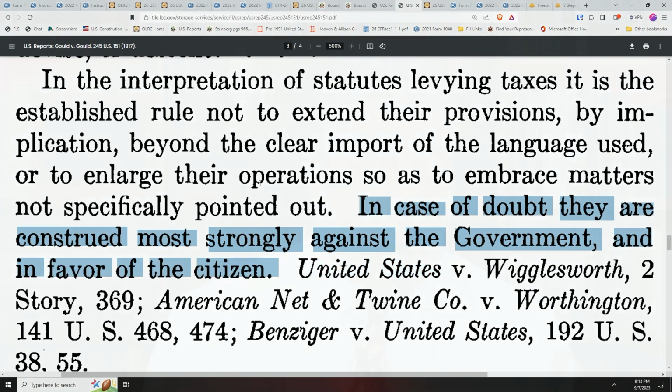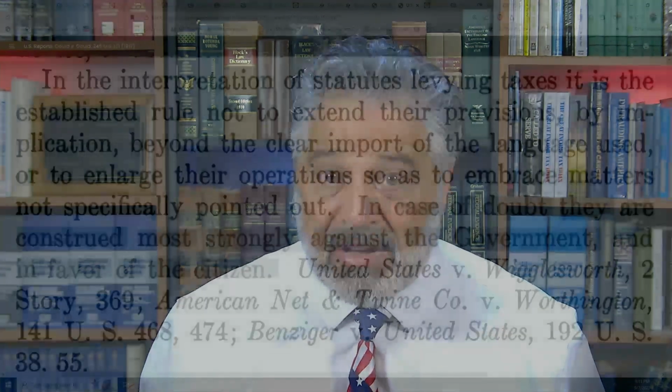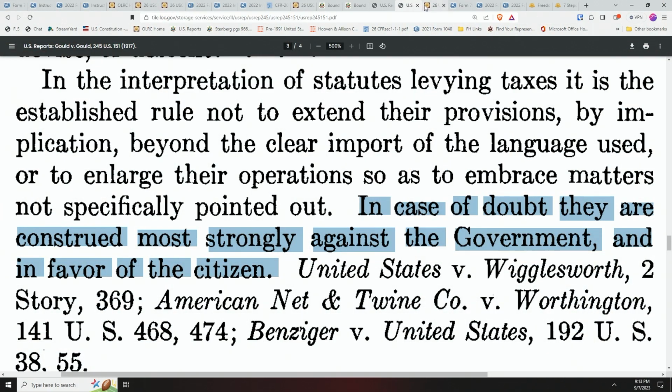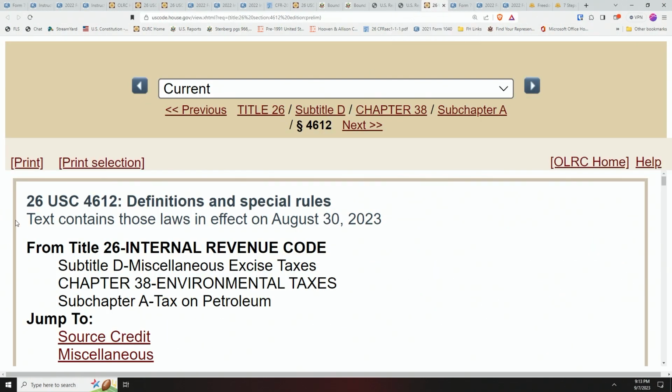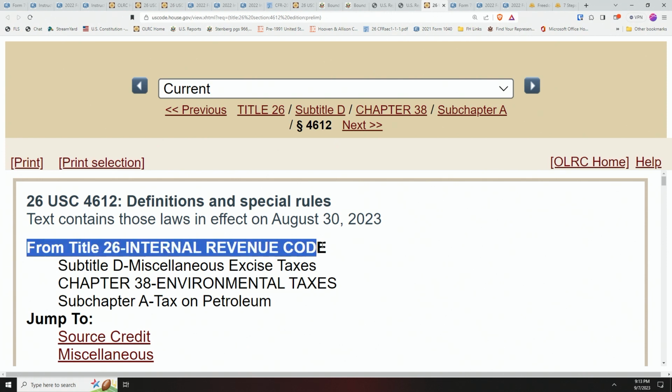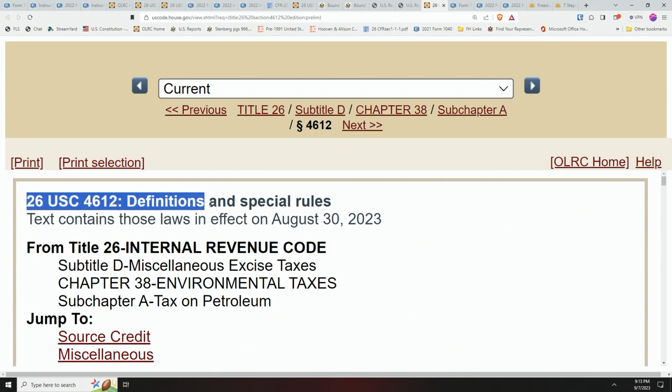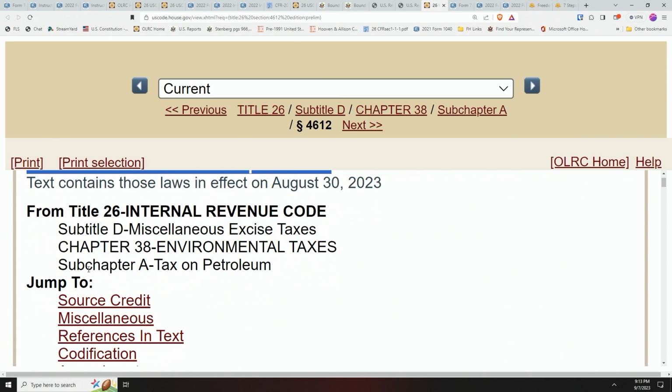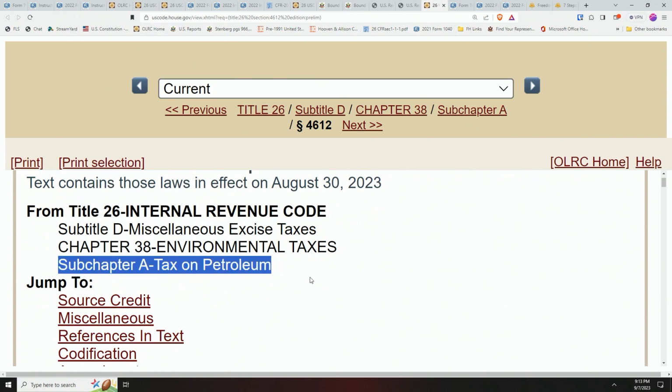Now, I'm going to show you one more thing. I'm going to give you an example of how they do list and mention 50 states specifically. They didn't forget about the term 50 states in these laws, okay? And that is, again, from Internal Revenue Code, Section 4612, Definitions and Special Rules, Subchapter A, Tax on Petroleum.